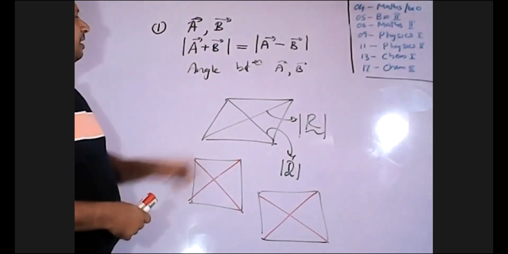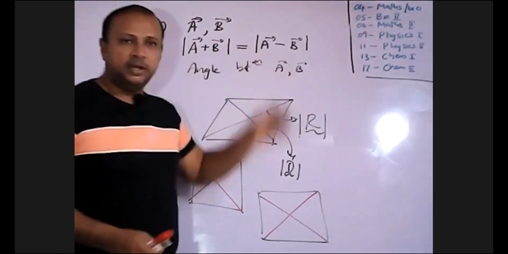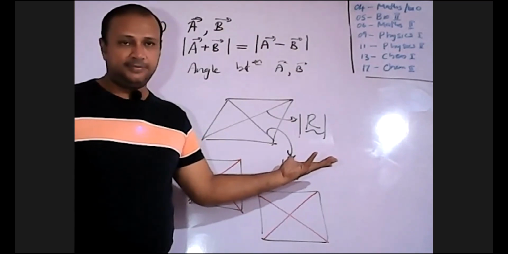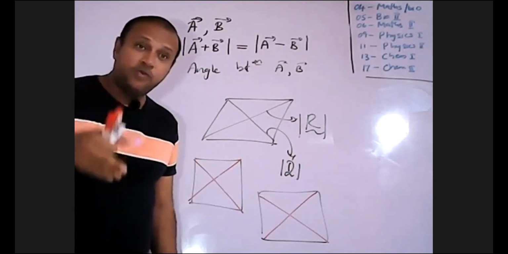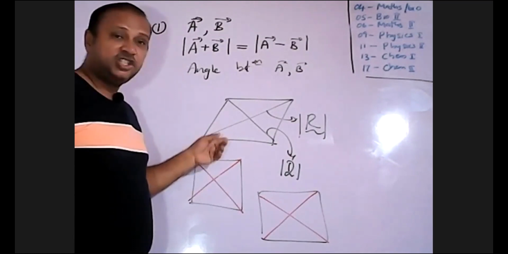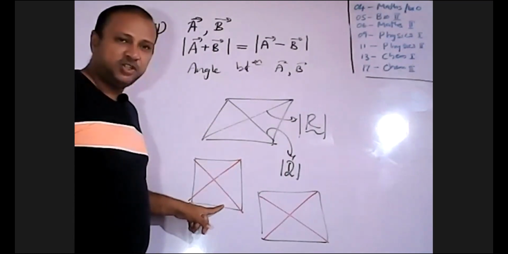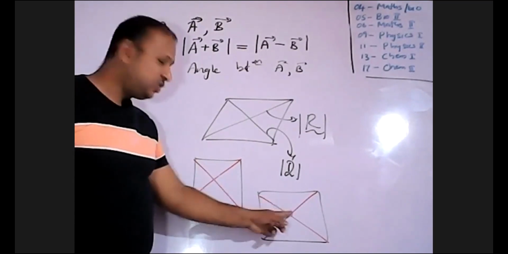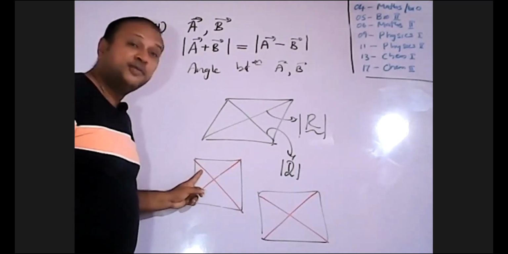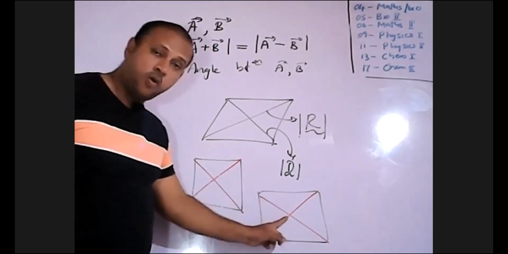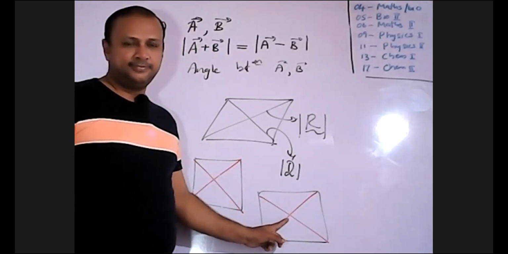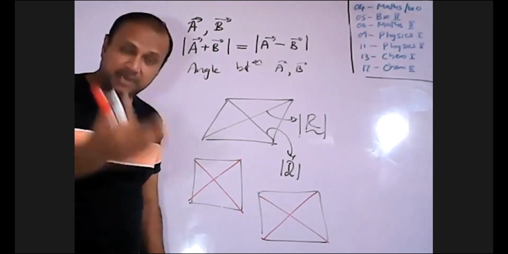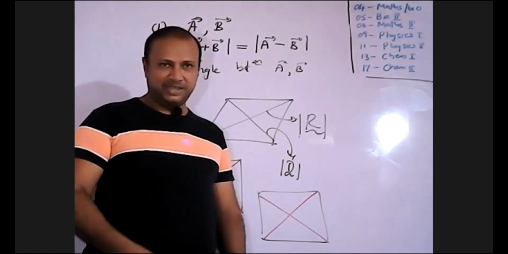If these two are equal, that means the lengths of the two diagonals are equal. Now I have converted that relationship into a geometrical relationship. If the lengths of the two diagonals are equal to each other, that means the parallelogram should be a square or a rectangle. That means the angle between the two vectors should be 90 degrees. Fair enough?